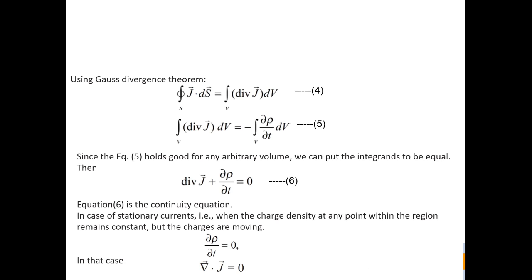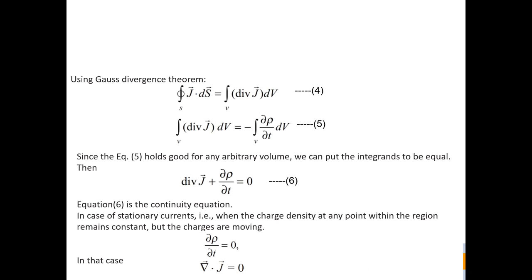So we can plug in the value of J dot ds from equation 4 back into equation 3. So the left hand side, instead of the surface integral of J dot ds, now becomes the volume integral of divergence of J dV. And of course the right hand side at the moment remains the same, that is negative del rho upon del t dV. So that gives us our equation 5.